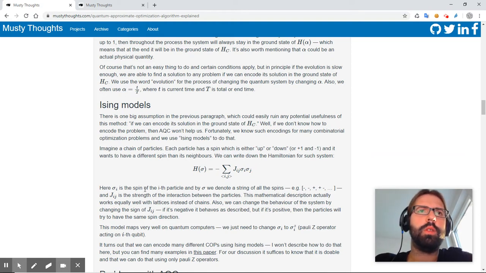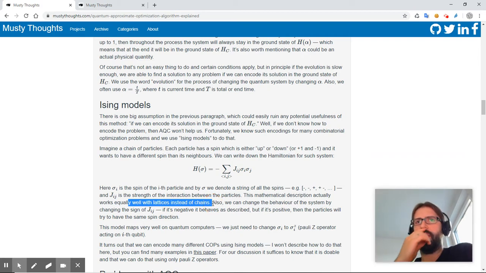Here, s sub i is the spin of the ith particle, and that's all the spins, a string like minus, minus, plus, plus, minus. J is the strength of the interaction between the particles. This mathematical description usually works equally well with lattices instead of chains.